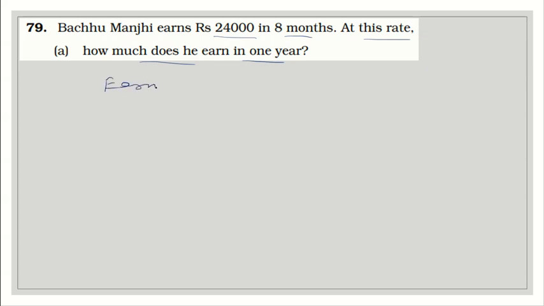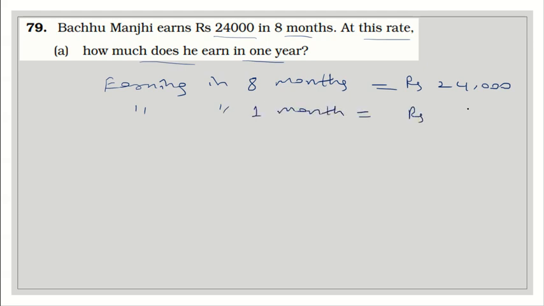Earning in 8 months is rupees 24,000. Earnings in 1 month: so unitary method, 24 by 8 which is 3,000.